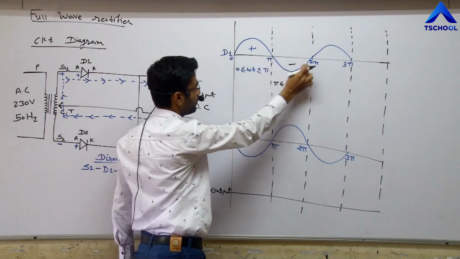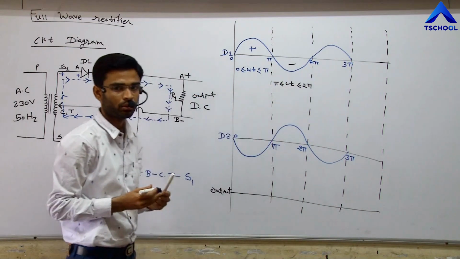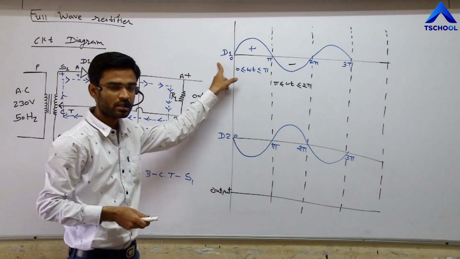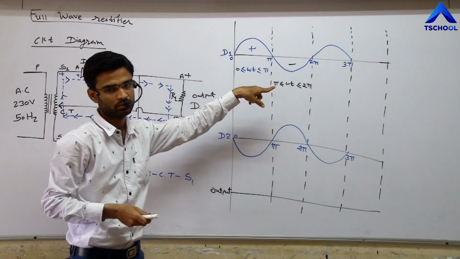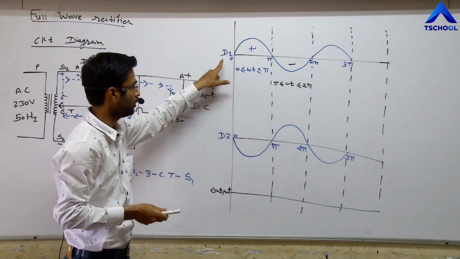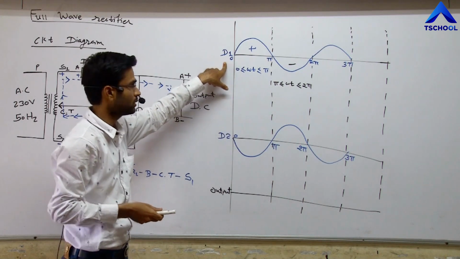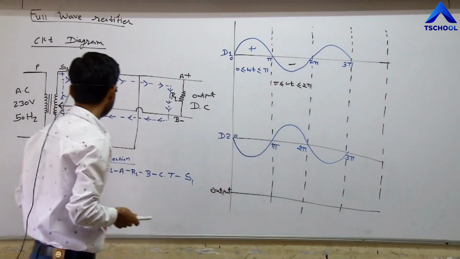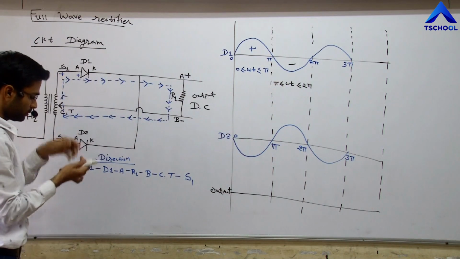During pi to 2 pi, the input given to the diode D1 is negative.